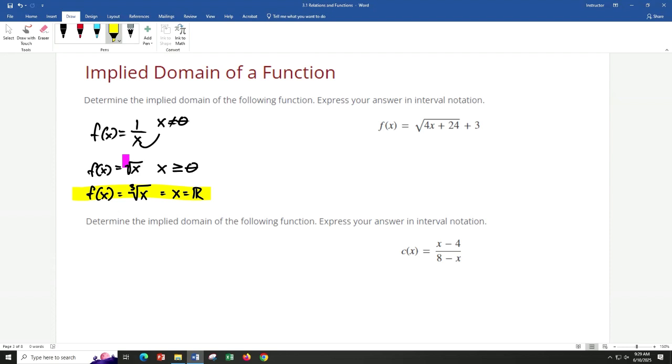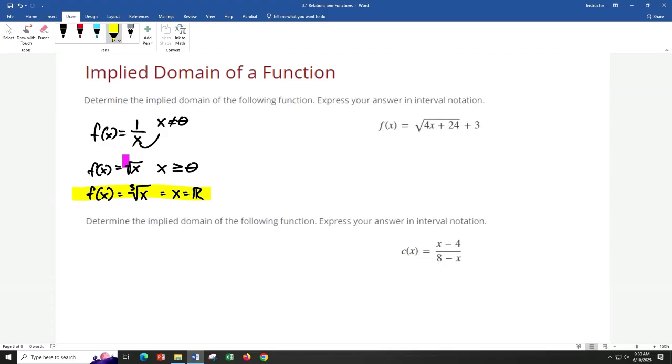So this is how hard it is. No matter how ugly the function is, which, let's be honest, this one right here is a pretty ugly function, isn't it? You've got f of x equal to the cube root of 4x, the square root of 4x plus 24, plus 3. I only care that I'm dealing with a square root. A square root is an even root, an even radical. Even radicals always have a restriction, and that means the inside can't be negative.